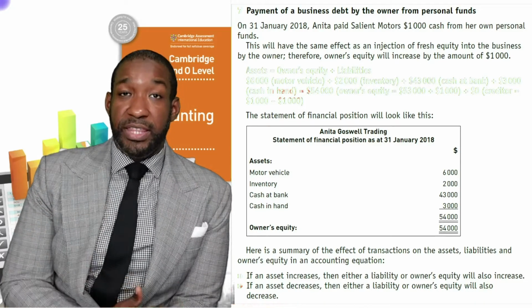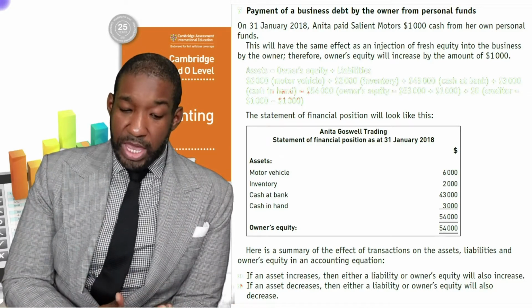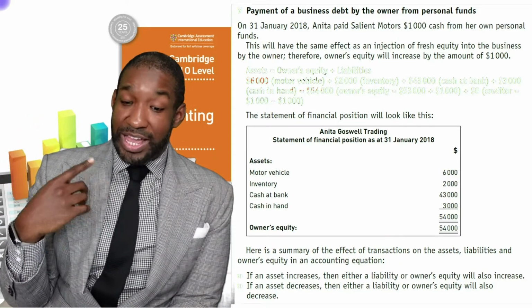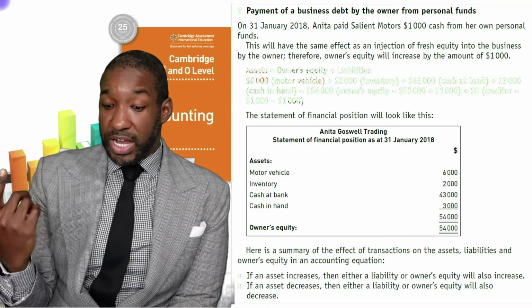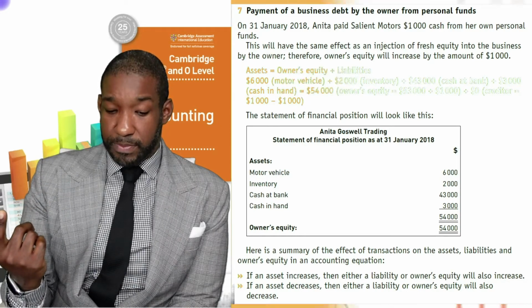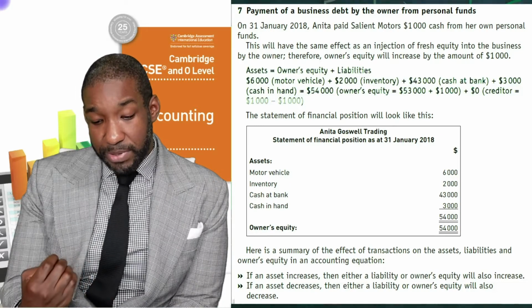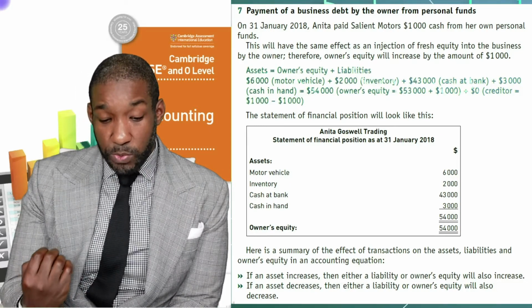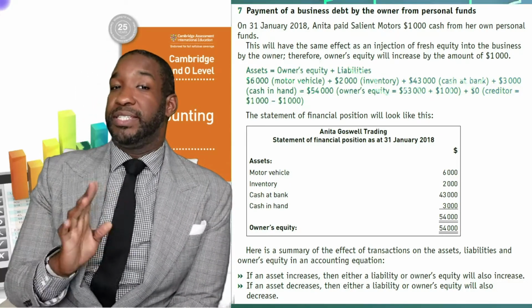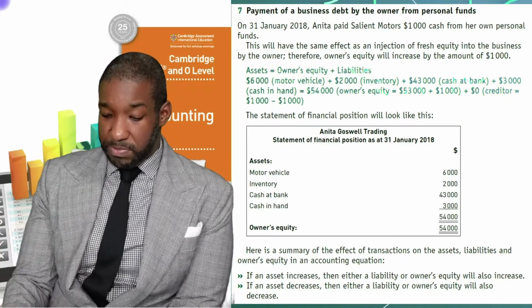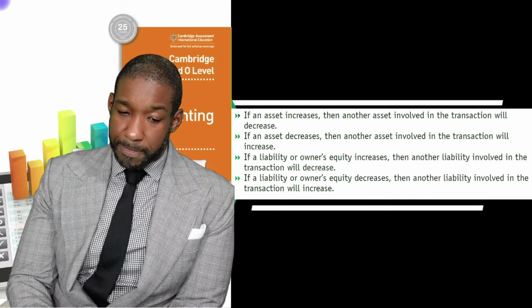At the bottom it says, here is a summary of the effect of transactions on the assets, liabilities, and owner's equity in the accounting equation. If an asset increases, then either a liability or owner's equity will also increase. If an asset decreases, then either a liability or owner's equity will also decrease. Remember, assets equals owner's equity plus liabilities, so both sides must equate to the other.